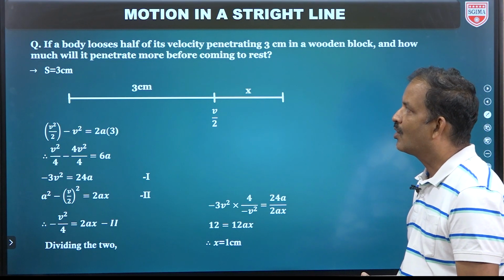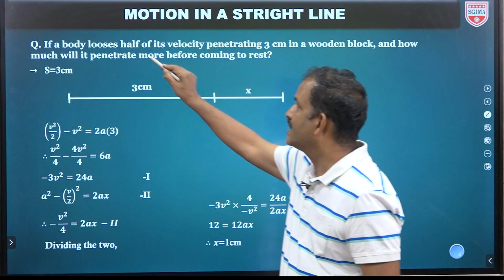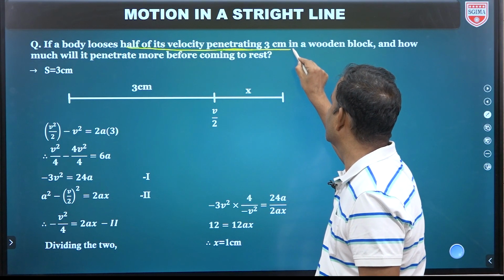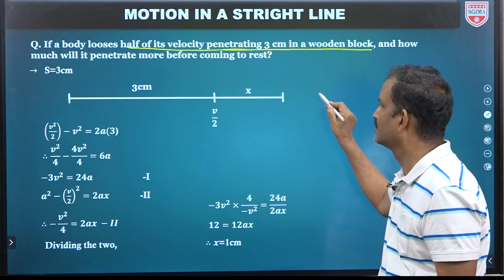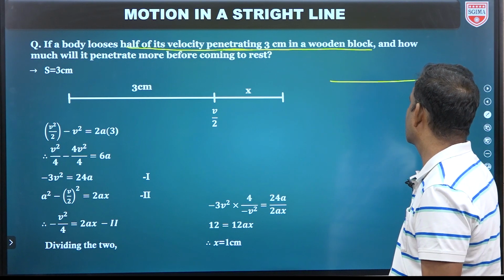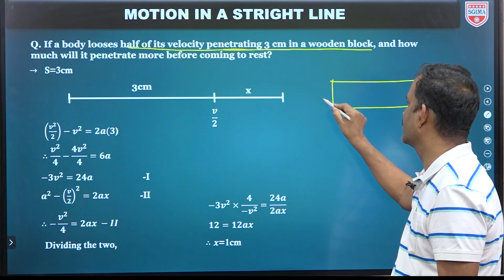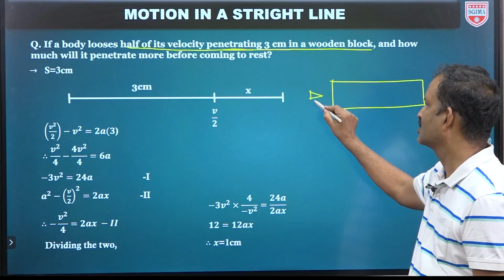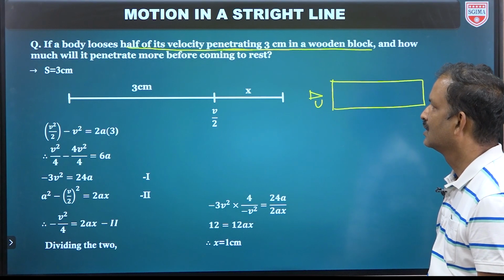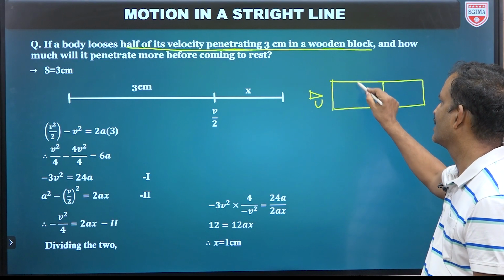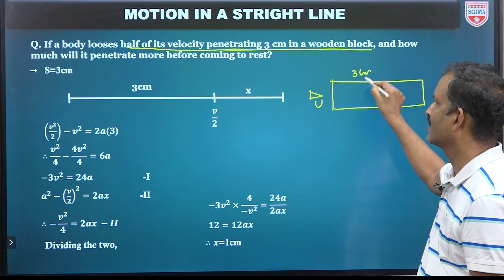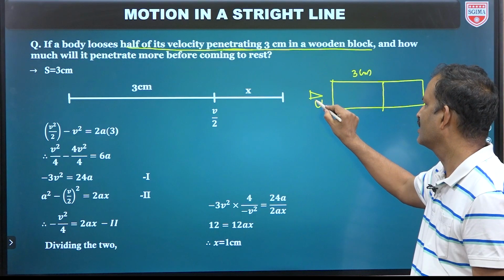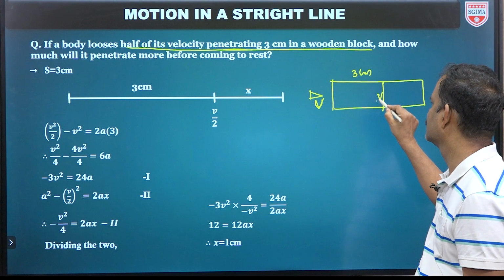Now, a body loses half of its velocity after penetrating 3 centimeters in a wooden block. Suppose this is a wooden block, and a bullet is fired here with velocity u. After traveling 3 centimeters, its velocity is equal to u by 2.